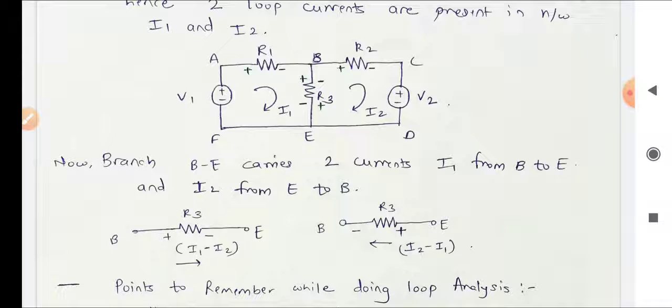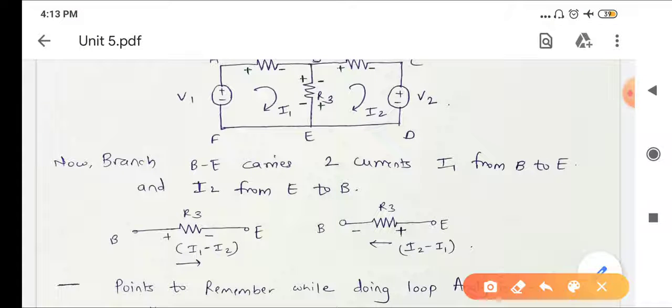As I1 is clockwise and is the main current in loop 1, we always consider the main current as positive and other currents as negative. So while writing the equation for loop 1, the total current flowing through the common branch BE will be I1 minus I2, with B positive and E negative.